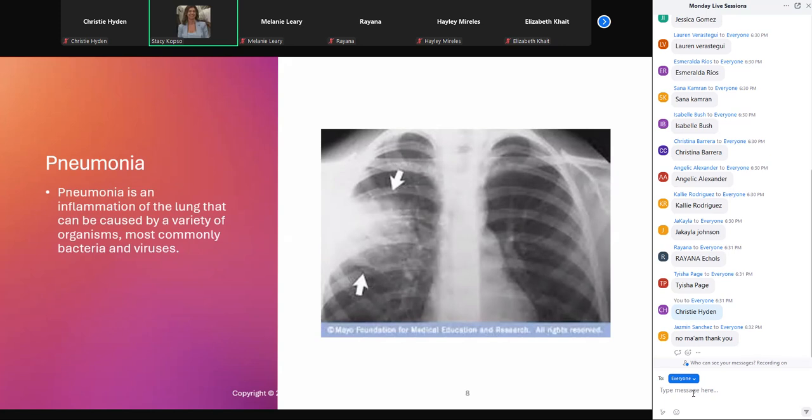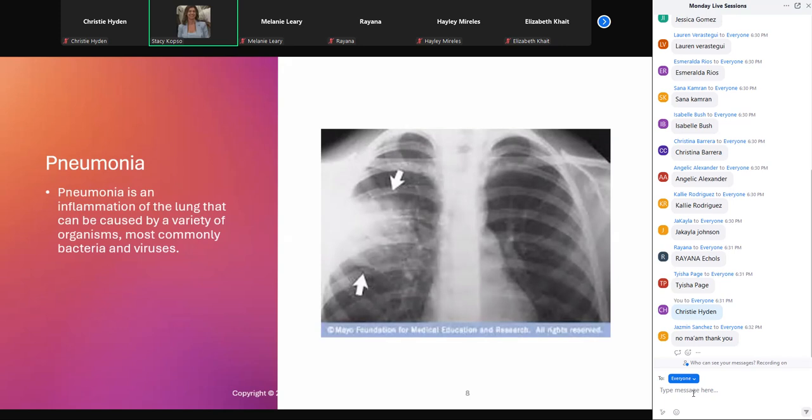So if the patient had right lower lobe pneumonia and was non-ambulatory, what view book-wise would we be doing to see the air fluid levels?